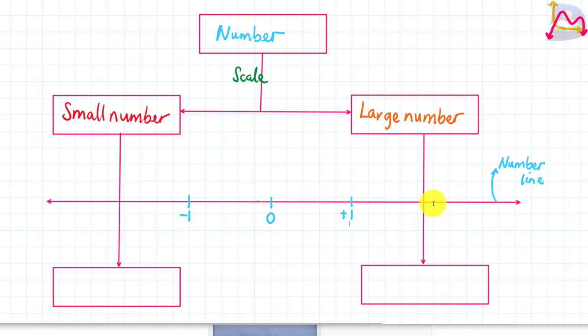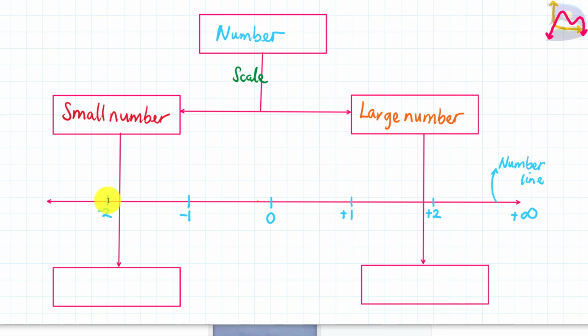This will be our +2. As we move further to the right, we are going to bigger numbers, which in this case is expressed as +infinity. On the other hand, going to the left, once we count 1, 2, 3, 4, 5, this will be our -2 position.